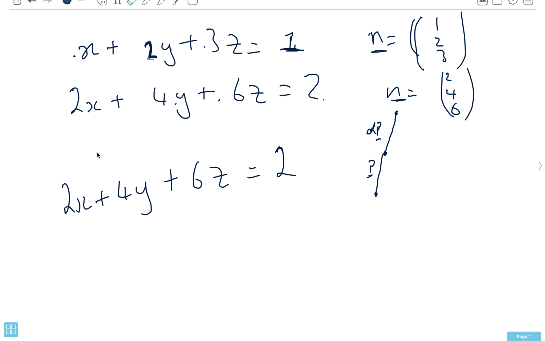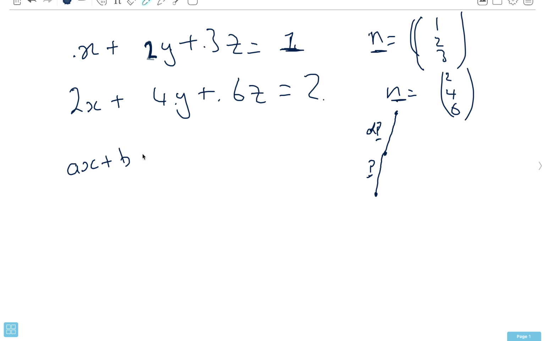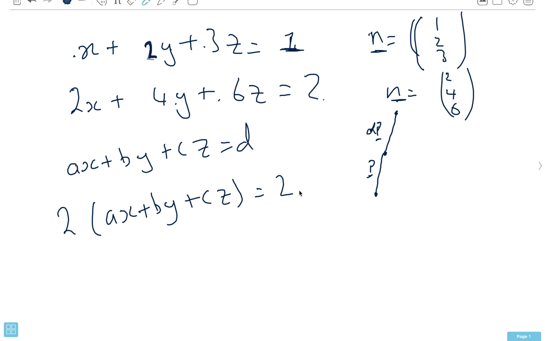If you want a better way of seeing why this is true, if you remember our equation ax plus by plus cz is equal to d, if I multiply everything by 2, I have 2 times (ax plus by plus cz) is equal to 2d. Yeah? I have exactly the same plane, I've just multiplied all the points by 2.